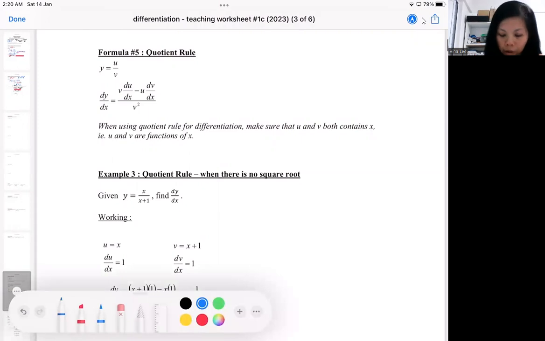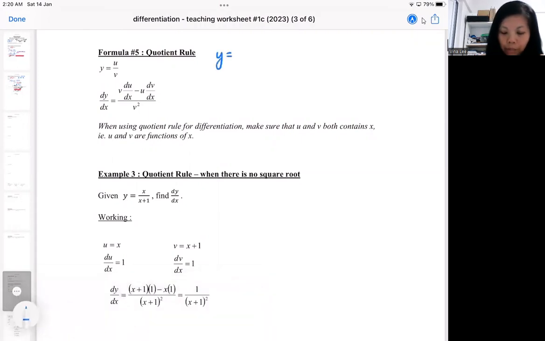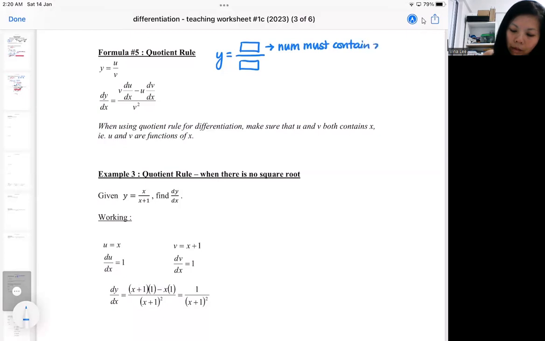So when you see a fraction, it doesn't mean that you will always go for the quotient rule. There's a lot of misconception. When you see a fraction, the condition is that the numerator must contain x, and the denominator must also contain x.